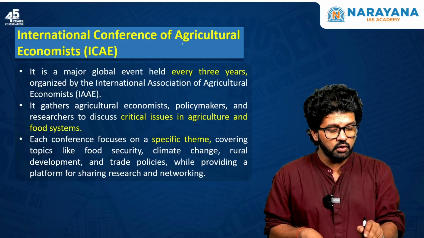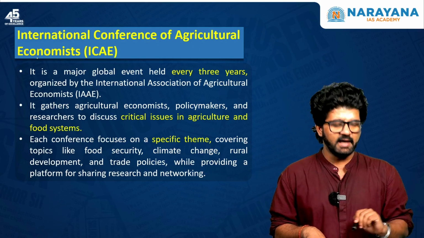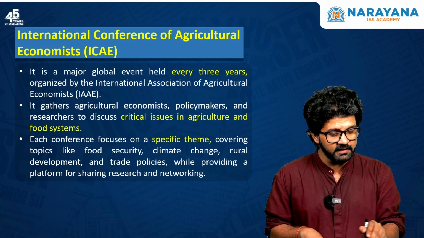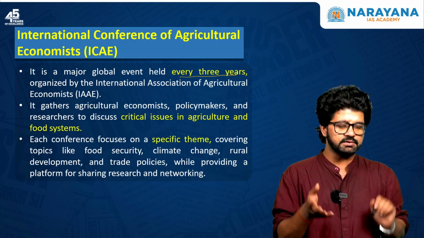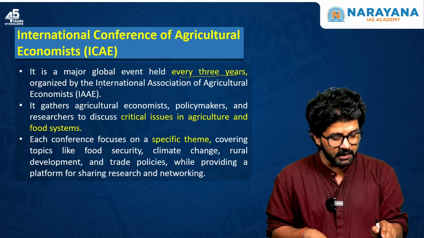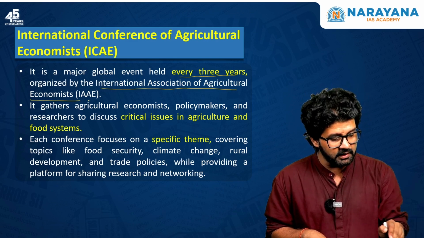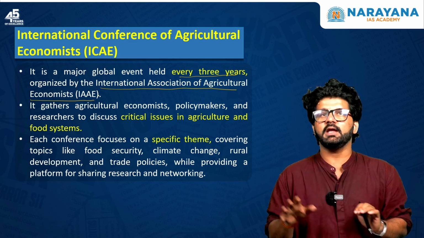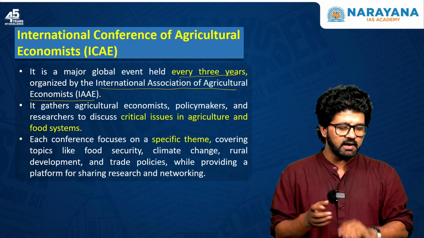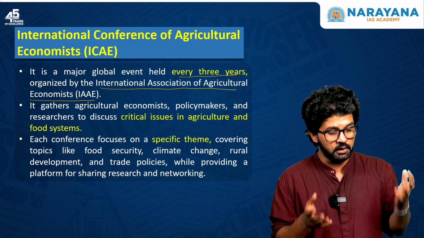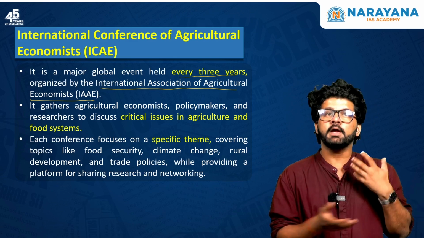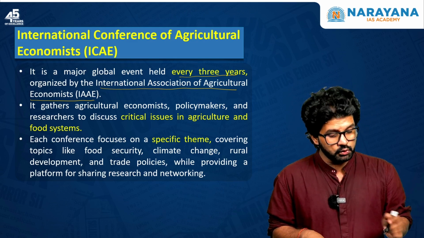So International Conference of Agricultural Economists, ICAE. It is a major global event held every 3 years. Every 3 years, we are having this particular event organized by the International Association of Agricultural Economists, IAAE. Do remember it. Sometimes they will ask you who organizes this particular conference, or ICAE is organized by which particular organization. So IAAE.